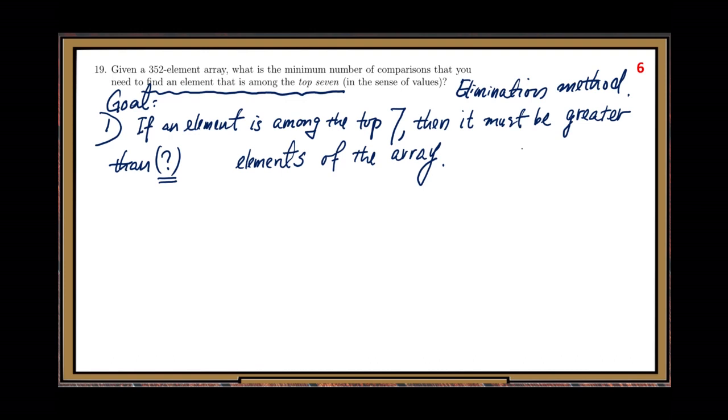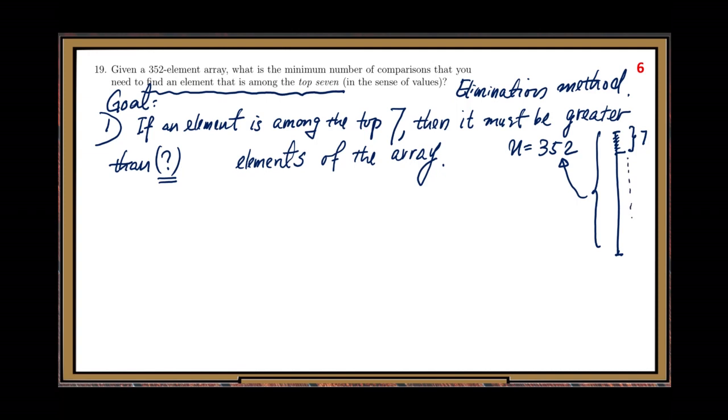Here n equals 352, and we want the top 7. If we draw a diagram, suppose this diagram represents 352 elements, then this part is the top 7. We want to find one among the top 7.